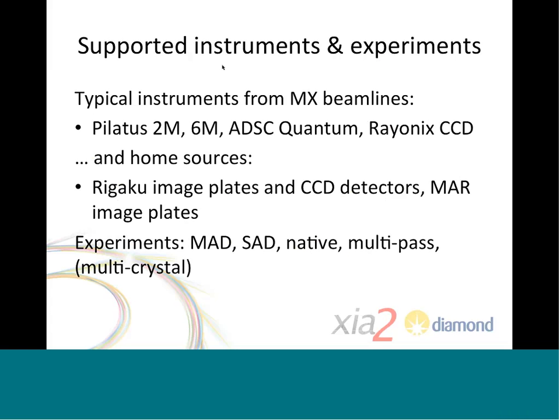Equally, if you have any kind of fairly regular lab source at home, like a Rigaku or a MAR instrument, everything should work fine. The main exception to that is Bruker instruments, because they record their images uncorrected, and when you correct them, it loses the header information. So at the moment, there's no hope of processing Bruker data with XIA2.